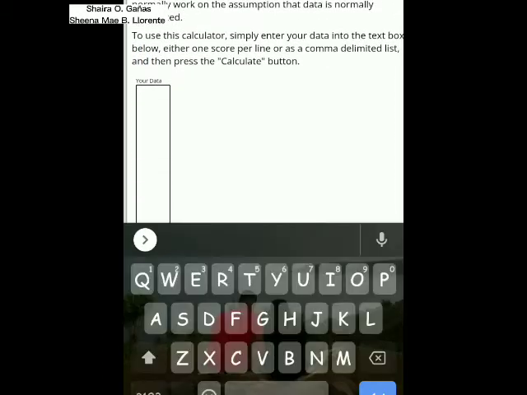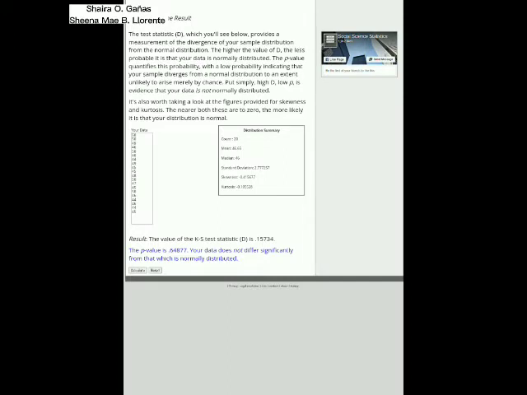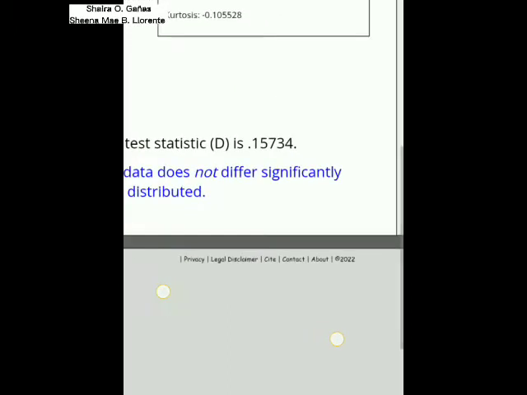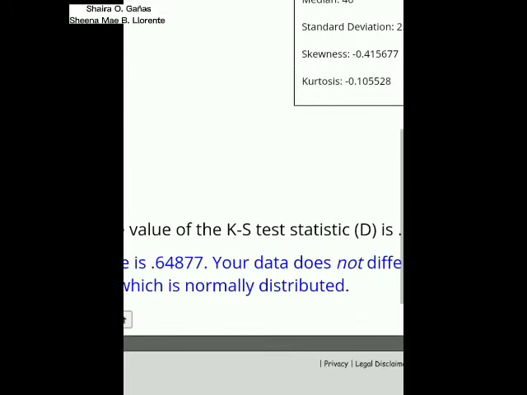Then calculate. So the result is not differ significantly, which is normally distributed. So the first data sample is normally distributed.